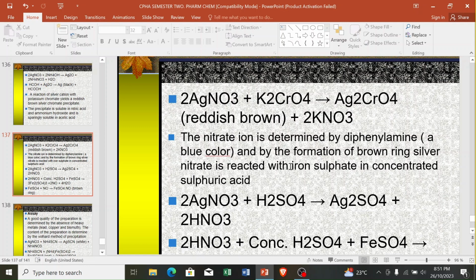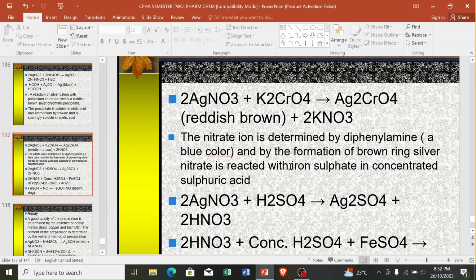And then the other reagent we use is potassium chromate. Potassium chromate reacts with our silver nitrate. We are still testing for silver ions, giving us silver chromate and then potassium nitrate. So when we observe a reddish brown precipitate, we shall conclude that silver ions are confirmed present.